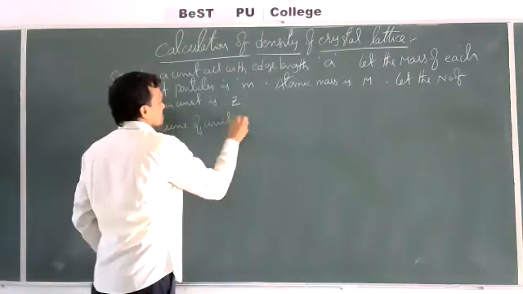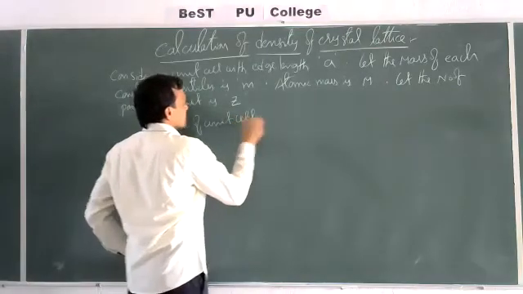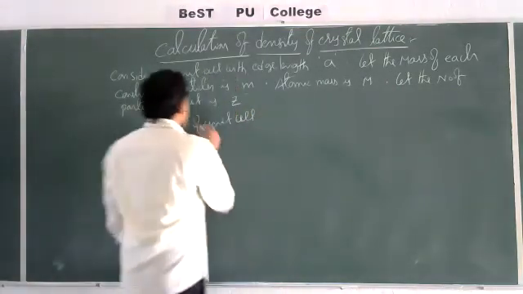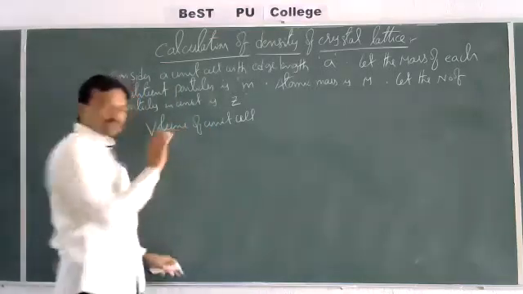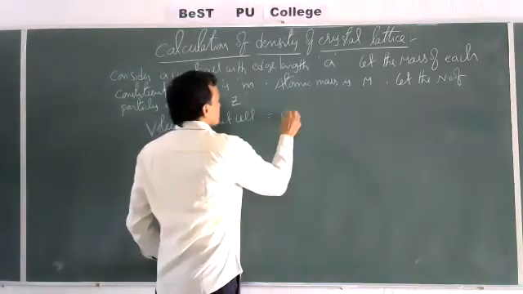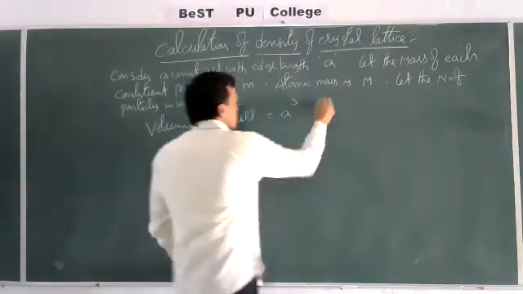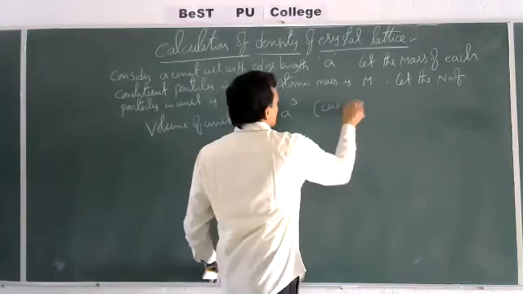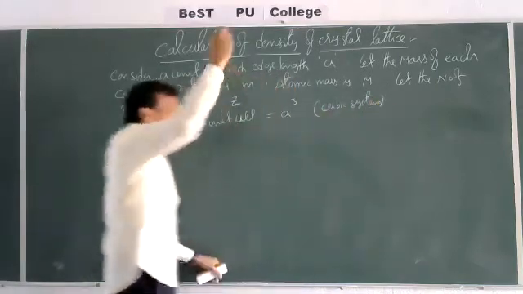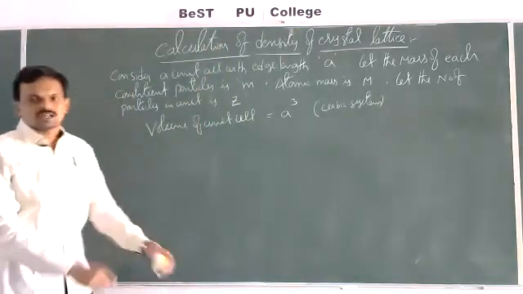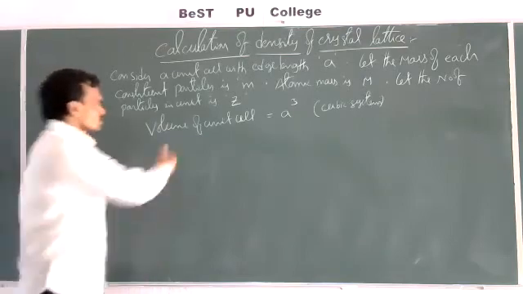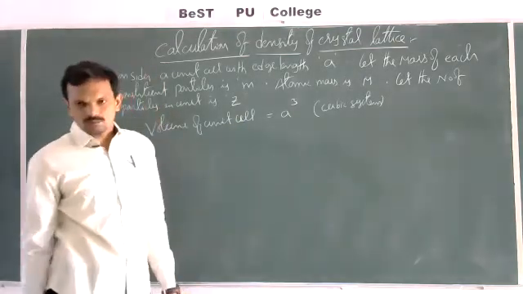I am going to take a cubic system. As per our syllabus, we will discuss the cubic system only. What is the volume of the cubic unit cell? It is equal to A cube. This is for the cubic system. Other than the cubic system, take the formula of the corresponding unit cell or system. So the volume of the unit cell is equal to A cube.